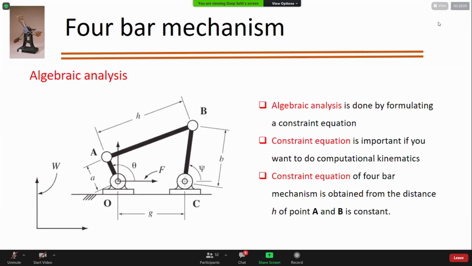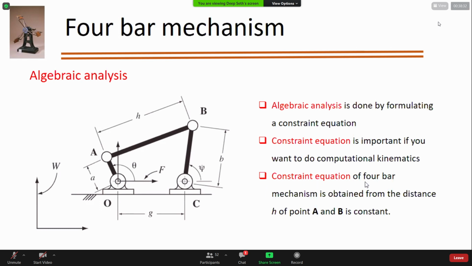Then let's see the algebraic analysis. The algebraic analysis is done by formulating a constraint equation. A constraint equation is important if you want to do computational kinematics, so that you can determine all the parameters for your mechanism.